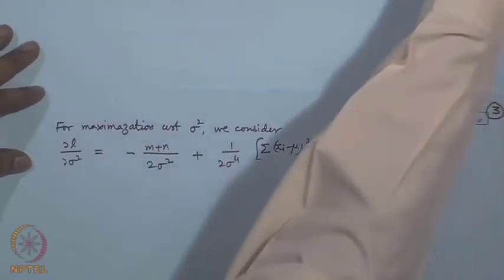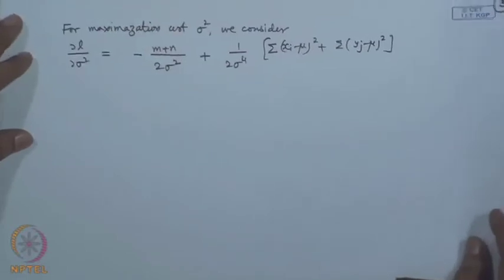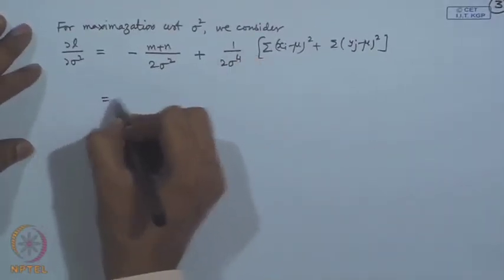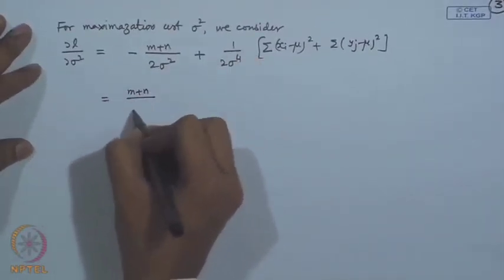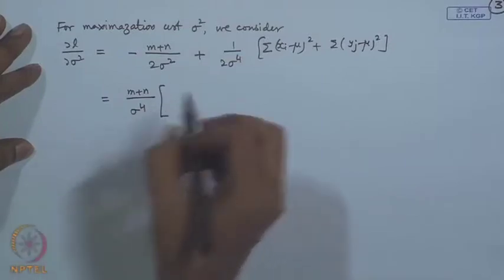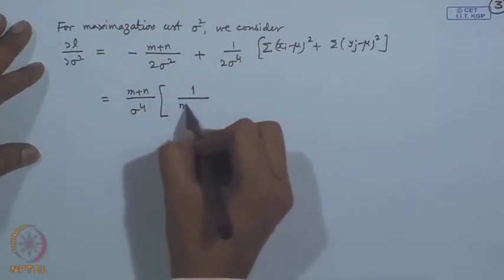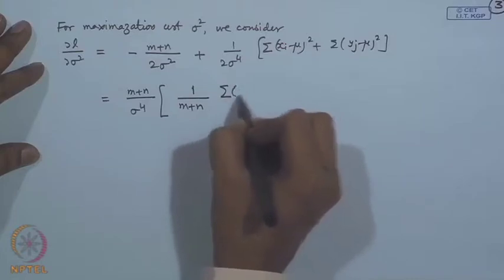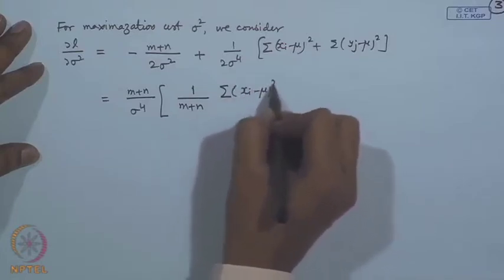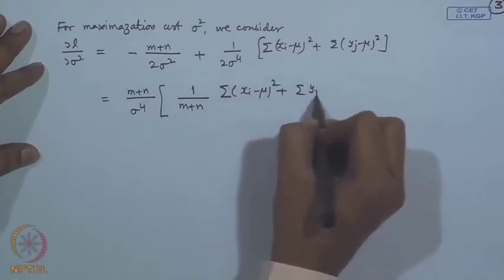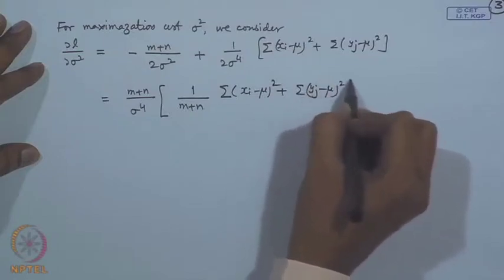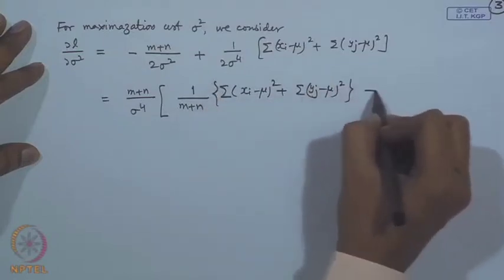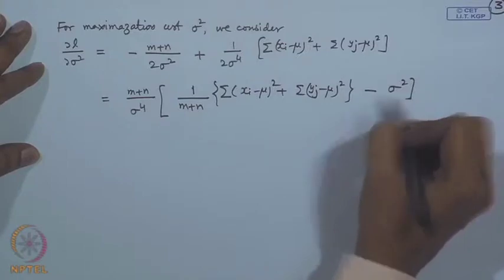So, once again we can write this as (m plus n) by sigma to the power 4, times 1 by (m plus n) (sigma (x_i minus mu) square plus sigma (y_j minus mu) square) minus sigma square.